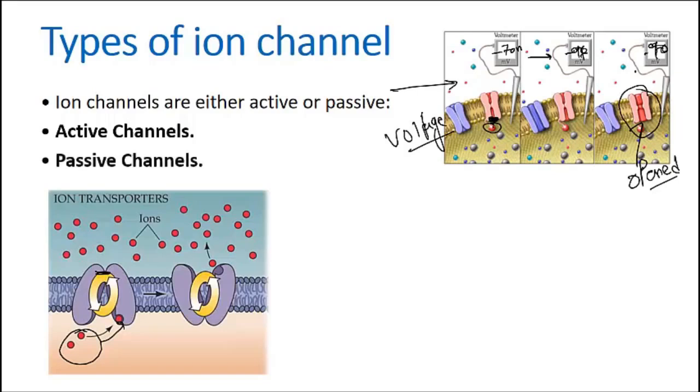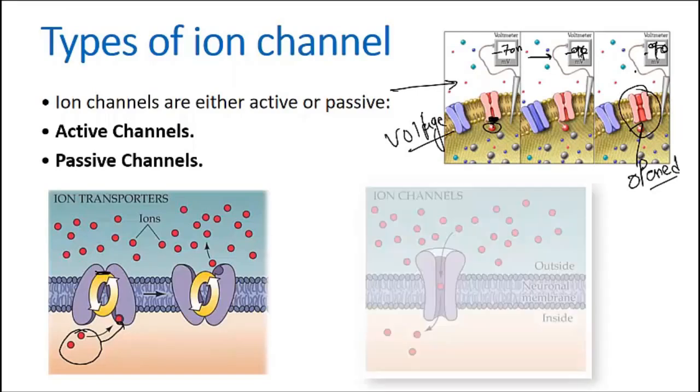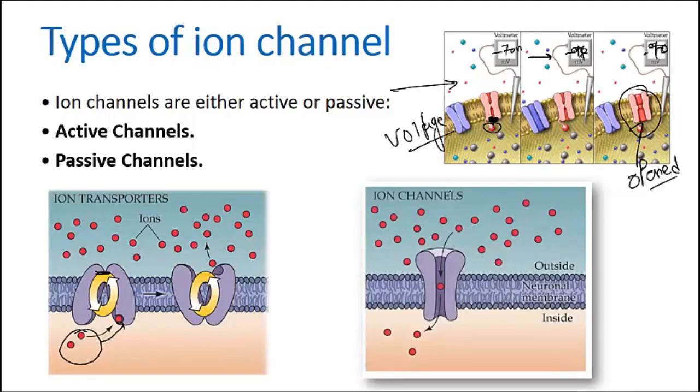While the passive channels are also called leakage channels, because leakage channel means they are always open. No matter whether there is a voltage change or chemical signaling, they are always open, and all the molecules, all the ions feel free to migrate across this channel, such as this one.